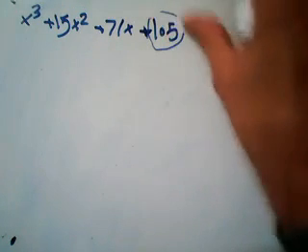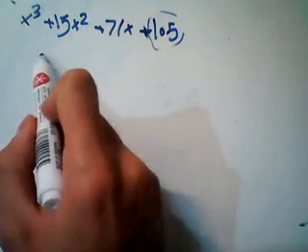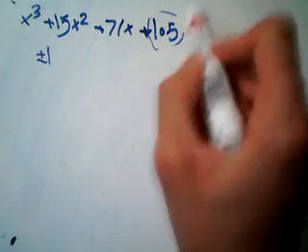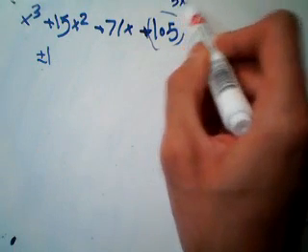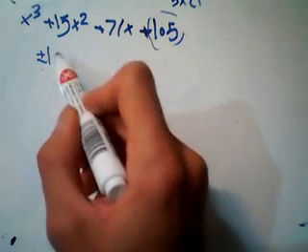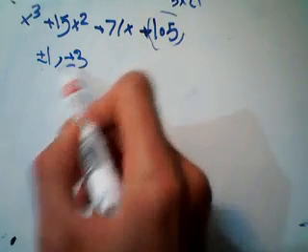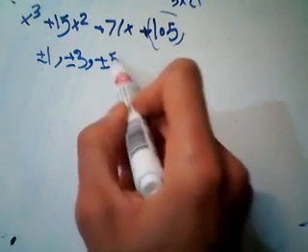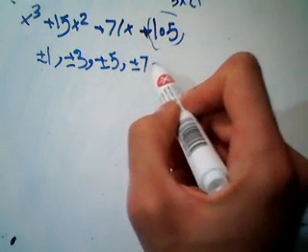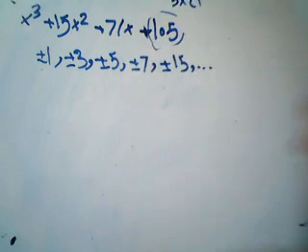For instance, what are the divisors of this? It is 5 times 21. Okay, plus and minus 1, plus and minus 3, plus and minus 5, plus and minus 7, plus and minus 15, and so on.